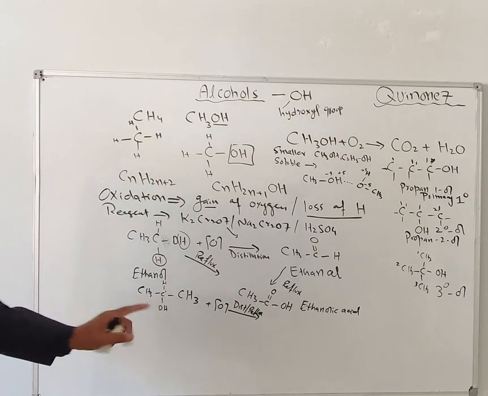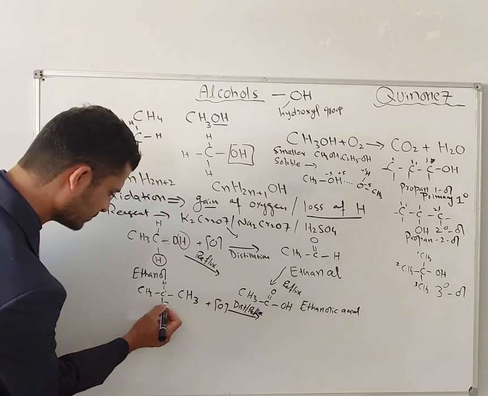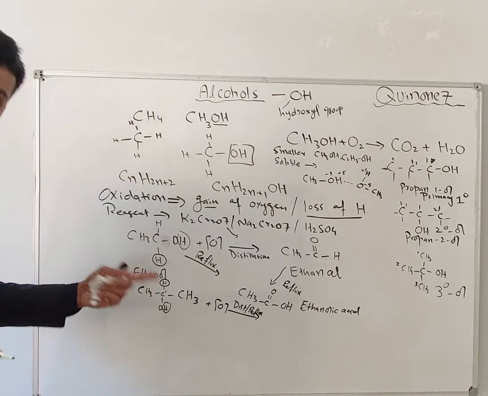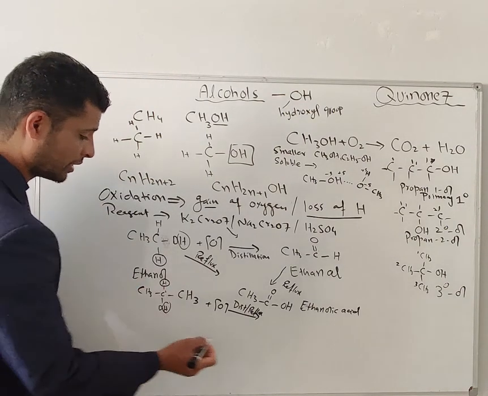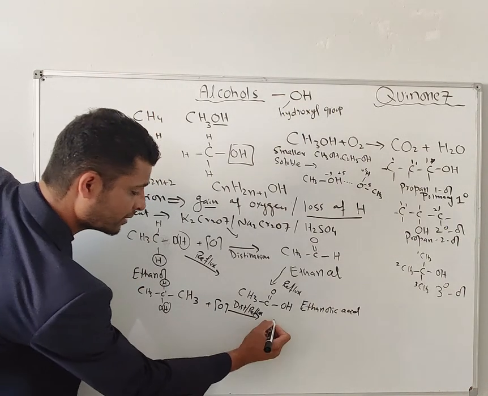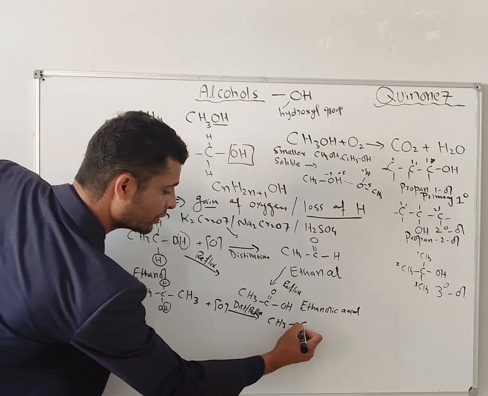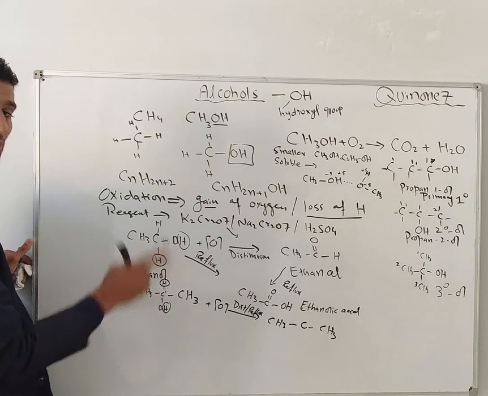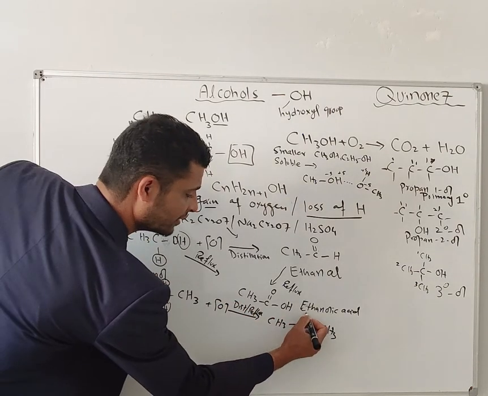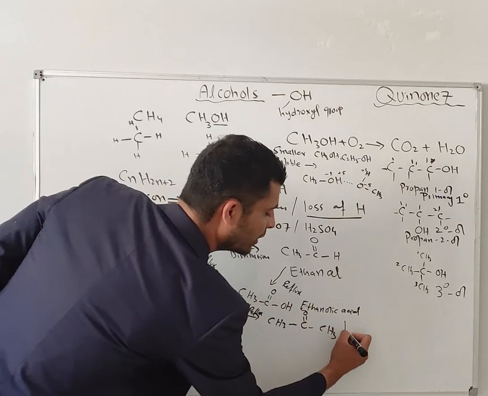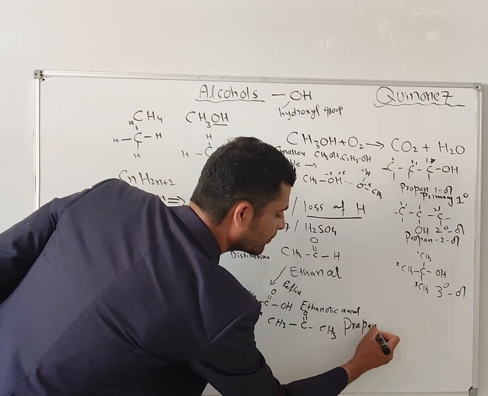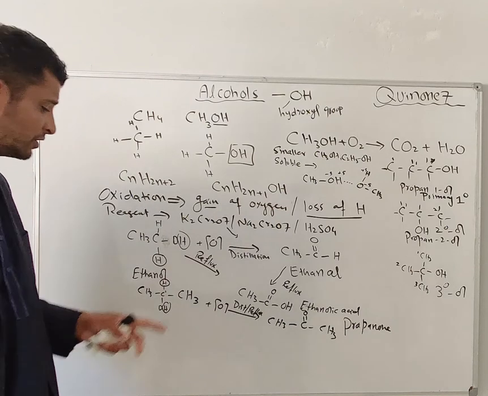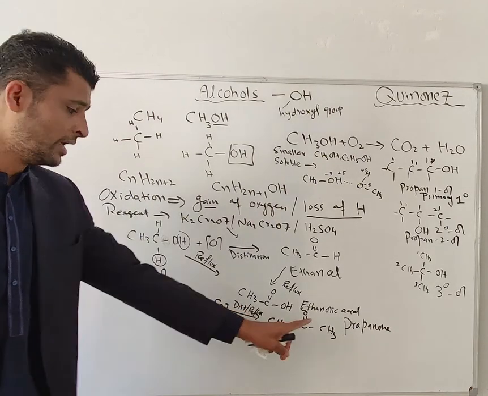What's going to happen here? You remove two hydrogens. One from the OH, the law is the same, and one from the same carbon atom, but it has only one hydrogen atom. When you remove everything, I write down the molecule as it is: CH3, C, CH3, and I am left with one oxygen. This is propanone. A ketone is produced. It doesn't matter whether you do reflux or distillation, it will produce a ketone.